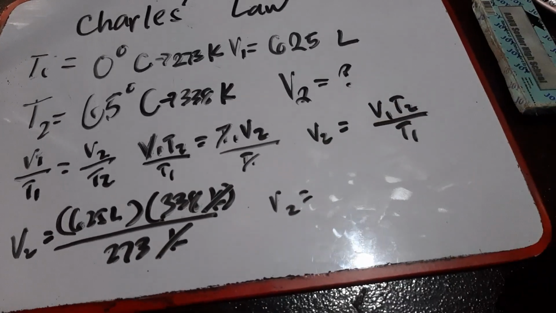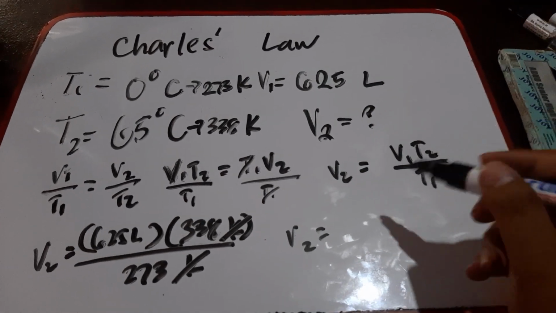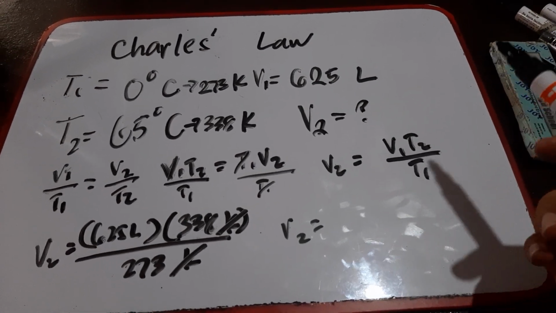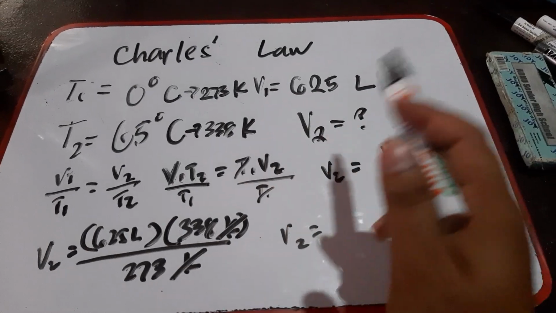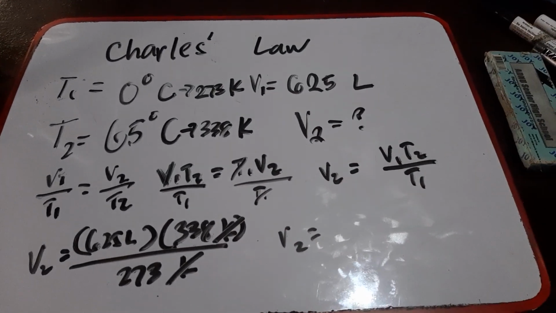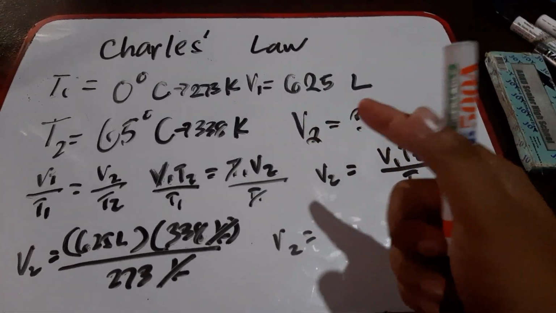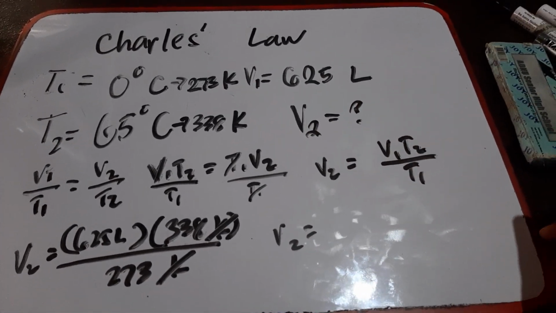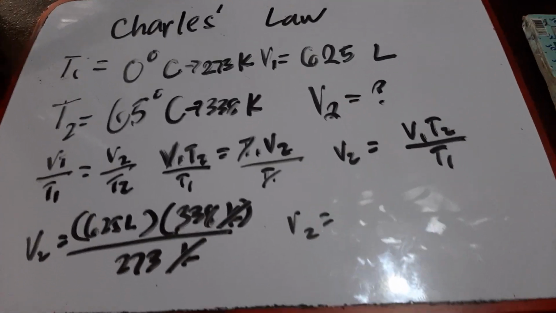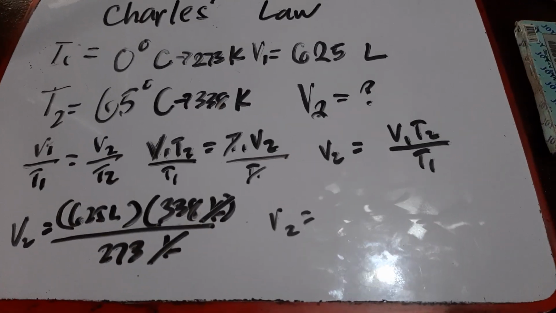Now, before you input that into your calculator, let me ask you. Kanina, ginamit natin si Boyle's law to check. Now, we are going to use Charles' law to verify. Anong pinag-aiba nun? To be guided rather.